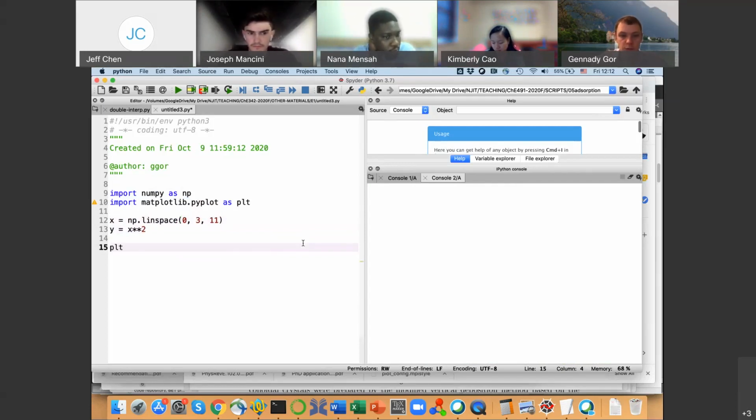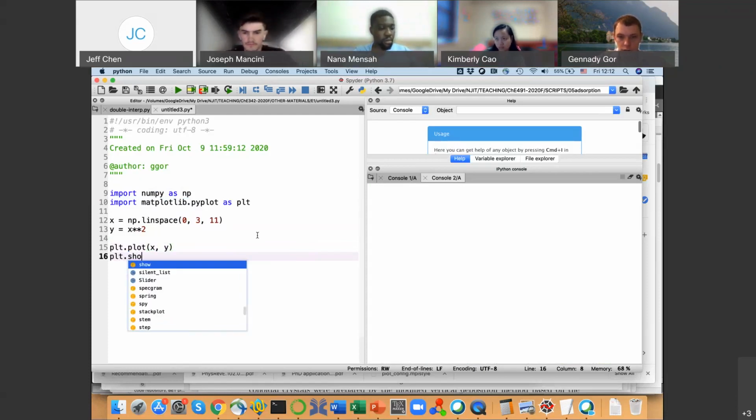What I want to do is plot this function, right? Now when we imported matplotlib, the simplest way to do it would be plt.plot, and then we write x, y, and I think we need to show it also.